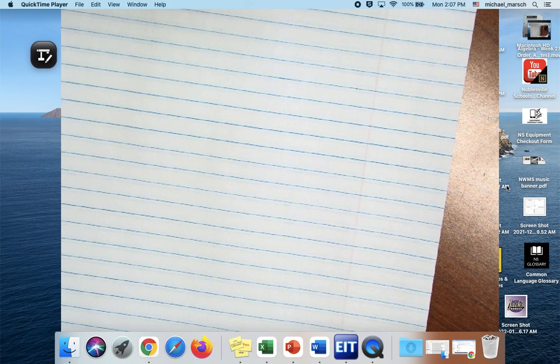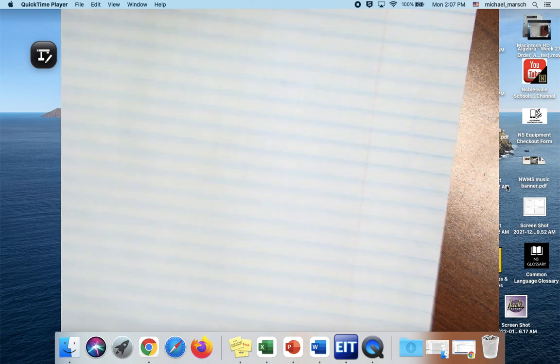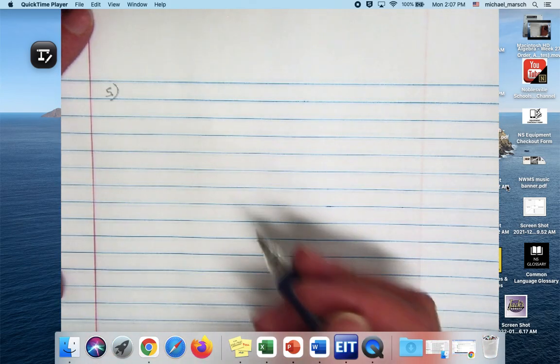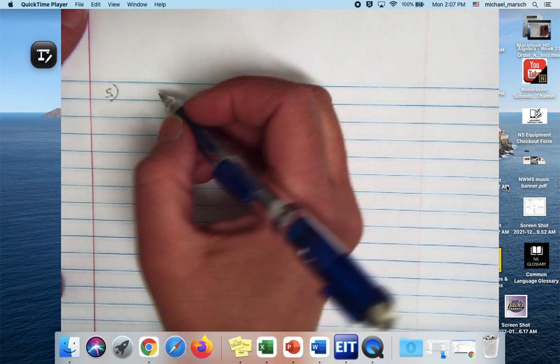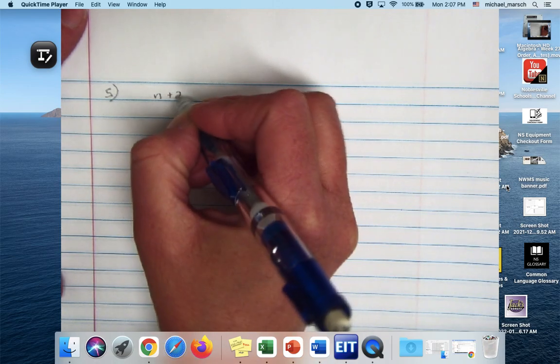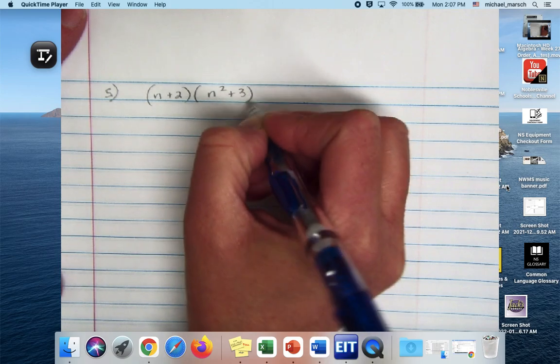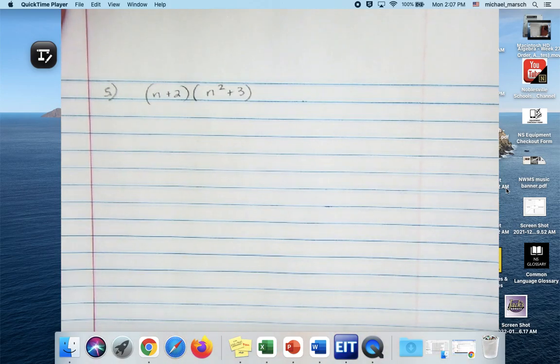We'll do this one together. This one's a little funky. If you can't remember what FOIL stands for, just look at the last page: first, outer, inner, last.